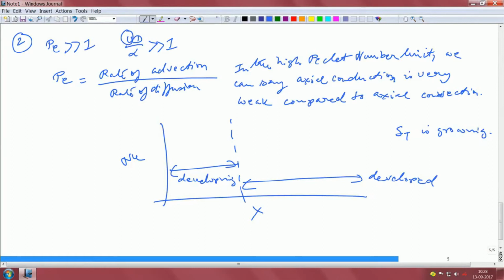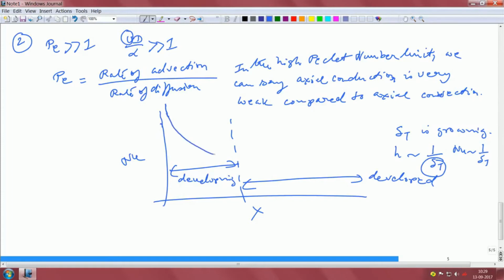So, naturally, h is proportional to 1 over delta t. That means the Nusselt number is also proportional to 1 over delta t. So, the Nusselt number value is going to be very high in the developing region of the pipe, but as this delta t goes on increasing, the Nusselt number value comes down.